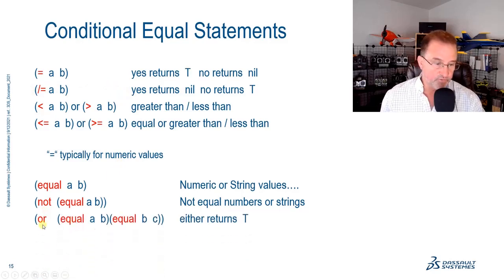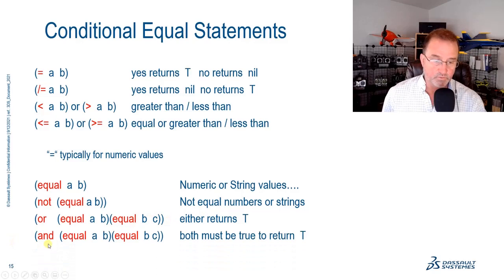Now there's also another function called or, so I could say, check these two. Give me a T if A is equal to B or if B is equal to C, and it'll return a true. So I can basically do two different types of comparisons, and either one will give me a T for true within that function.